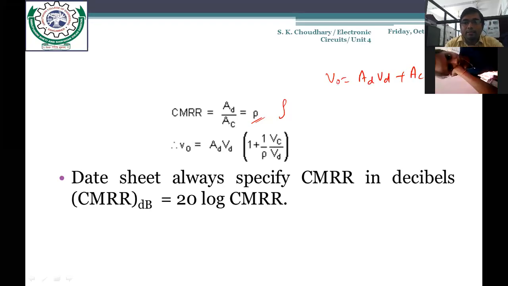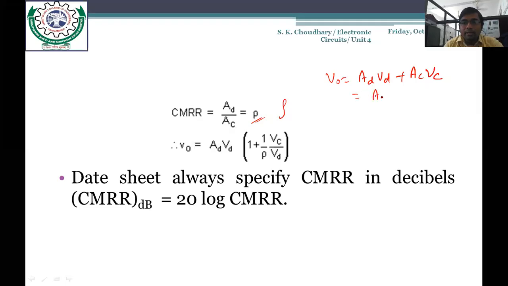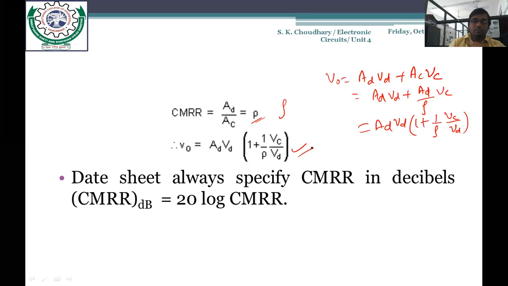In this case AC is AD upon rho, so V0 is AD upon rho VC. Taking AD VD common, it would be 1 plus 1 upon rho VC upon VD. This equation would be generated.